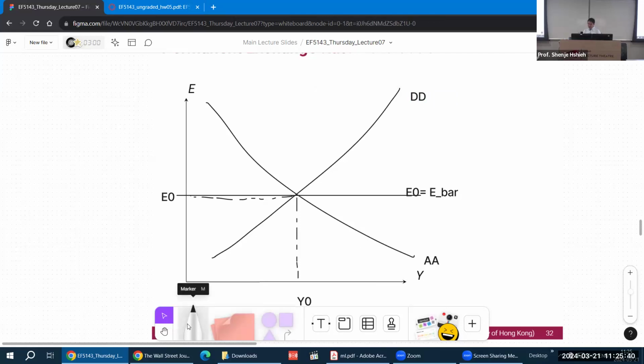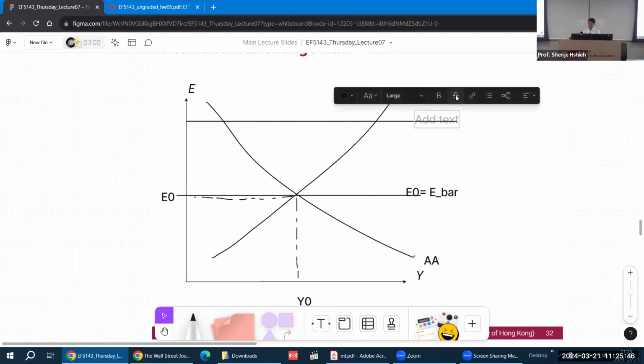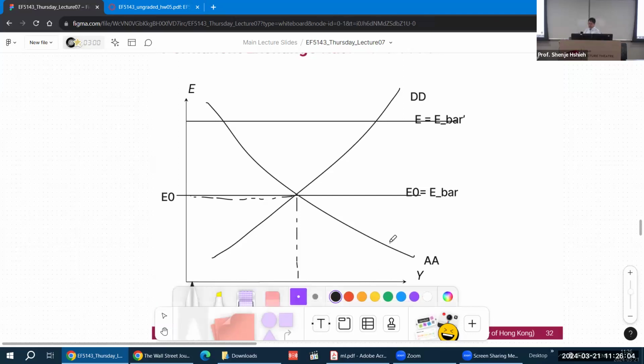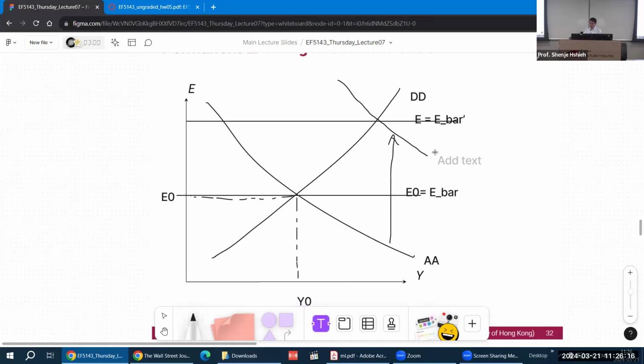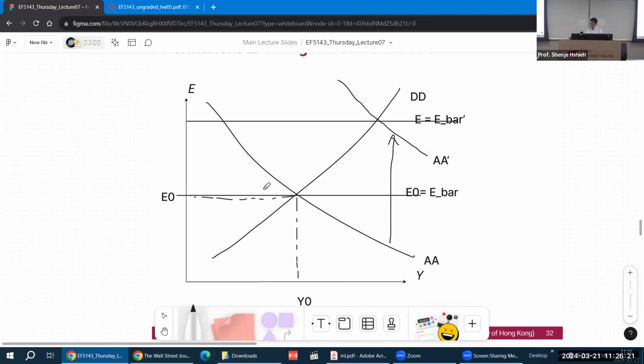That's as if we are moving this peg up here. Suppose we want to go up there. So this one is E equals E bar prime. And we can achieve this new equilibrium by shifting the AA schedule upward. So you expand your monetary policy, your money supply, to achieve that new AA schedule that will give you precisely the new E bar prime.